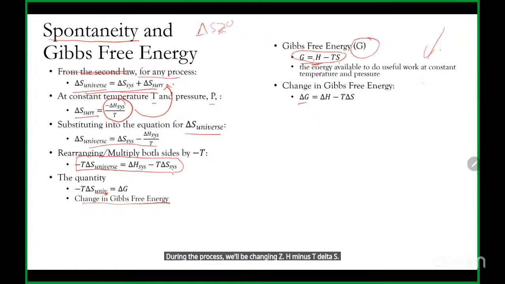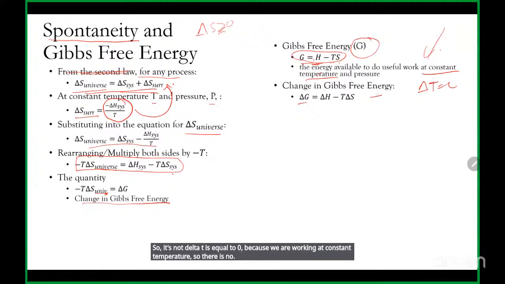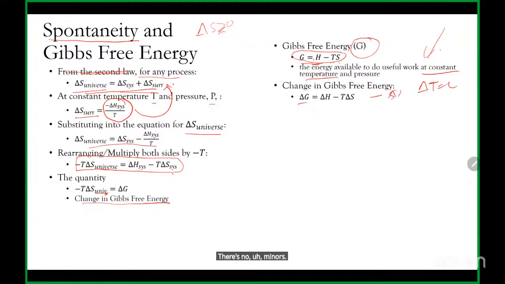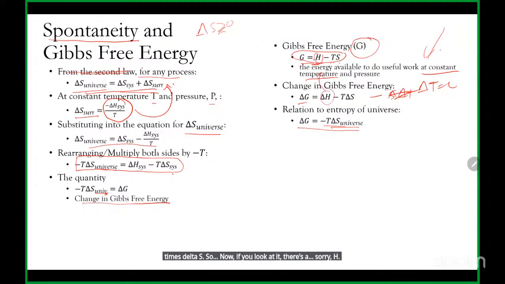Delta T is equal to 0 because we are working at constant temperature, so there's no minus S delta T from the point of view of mathematics. So delta G is delta H minus T times delta S. Now, H is a function of the system, while delta G is a function of the whole universe.